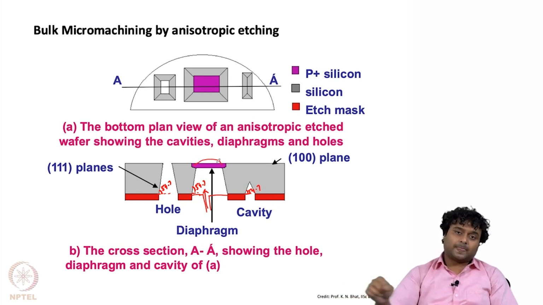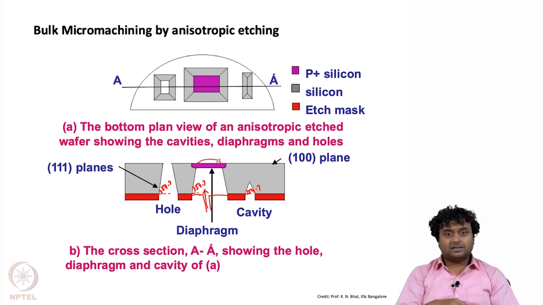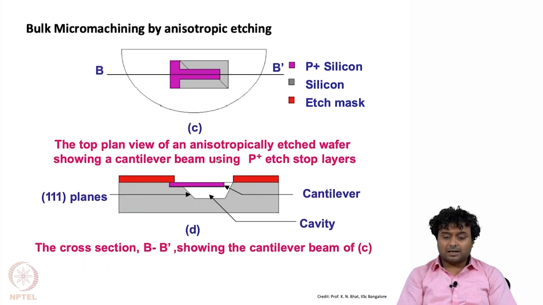Then we can measure the deflection of the membrane by some characterization technique, optical or electrical, and measure how much the deflection is and also the pressure of the chamber which I want to measure. These things we will discuss in the next module. So this is another application.